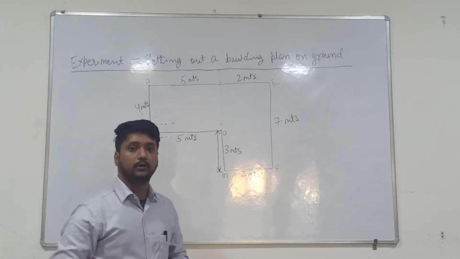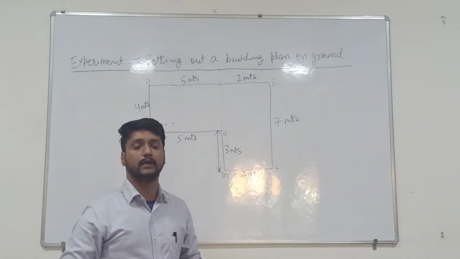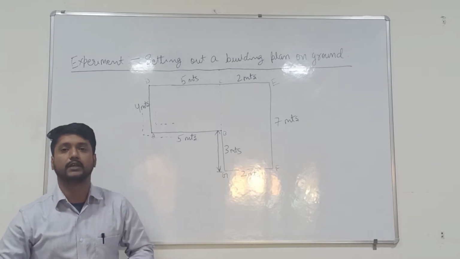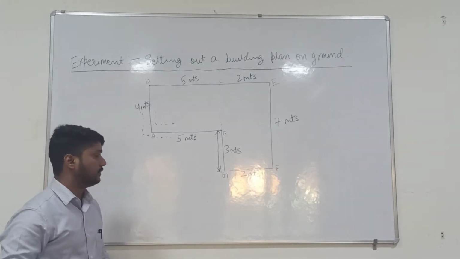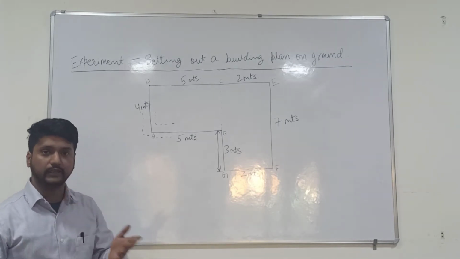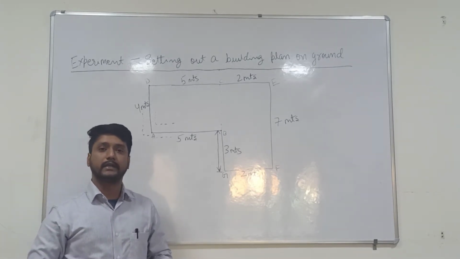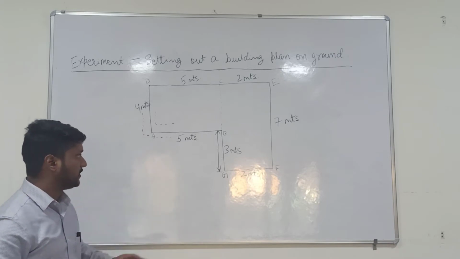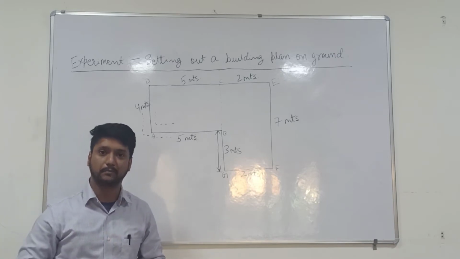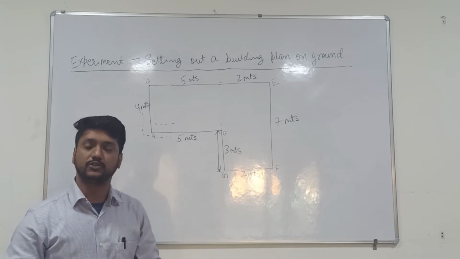Now the question arises: why does this experiment carry such huge importance in civil engineering? Because in building construction, any plan that you see on the sheet or on the map needs to be transferred to the ground with the exact same dimensions and exact same angles and precision as shown in the map.